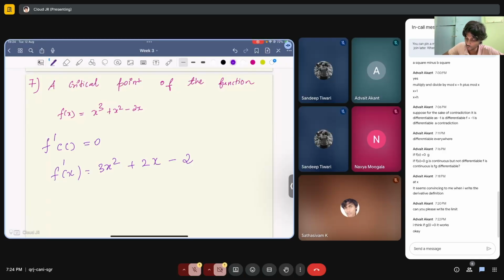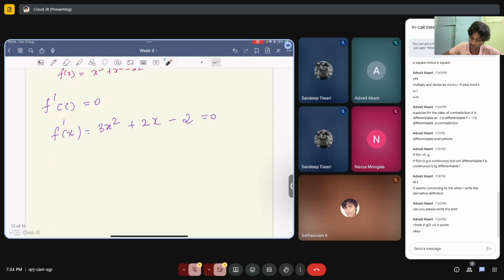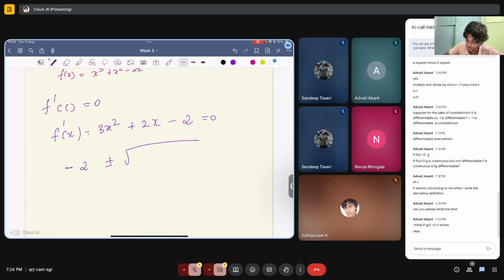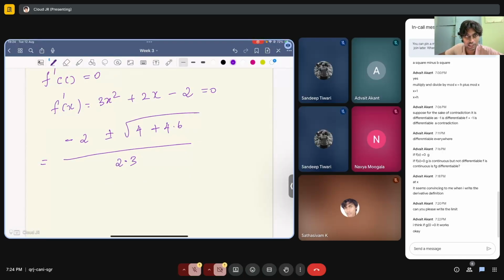I want to find where it is equal to 0, so you just have to solve this equation, right? If you want to solve it, what you get is x equals minus 2 plus or minus square root of b square, which is 4, minus 4 a c, that is 6, by 2a, that is 2 times 3. So these are the critical points.